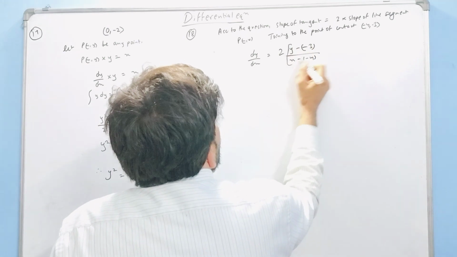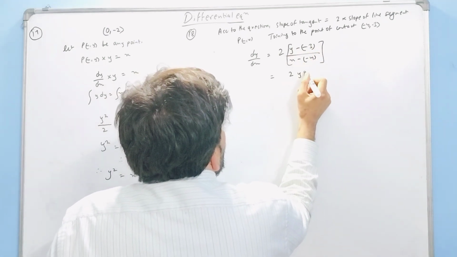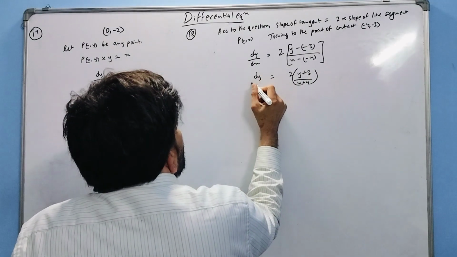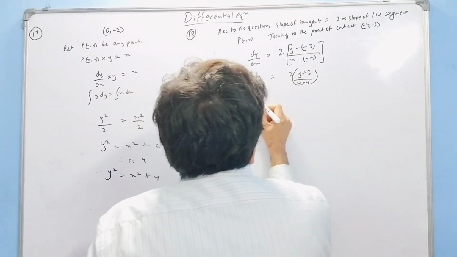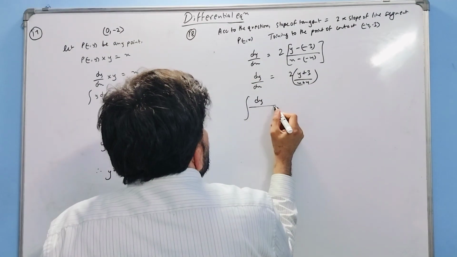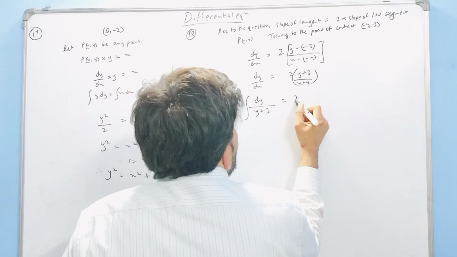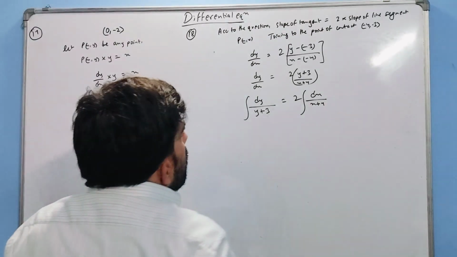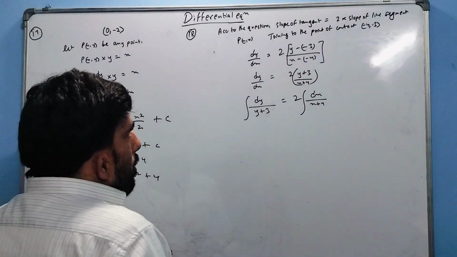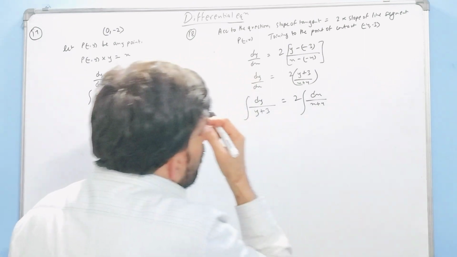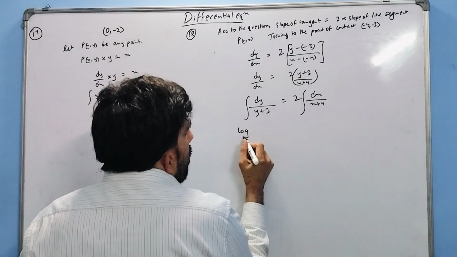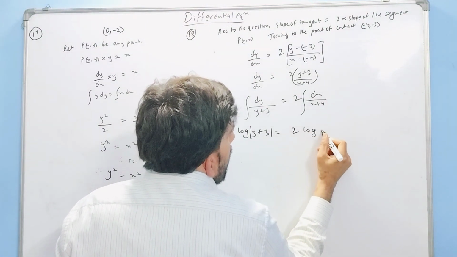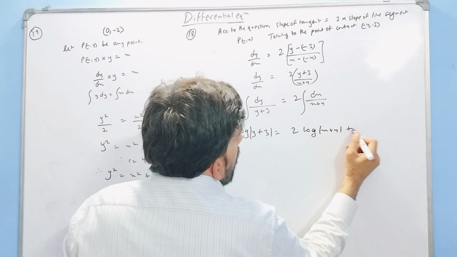We have this, so we'll have 2 times y plus 3 upon x plus 4 for dy upon dx. So what will happen? dy upon y plus 3 is equal to dx upon x plus 4. Okay, so we need to find the equation of the curve. We'll get log of y plus 3 is equal to twice log of x plus 4 plus log of c.